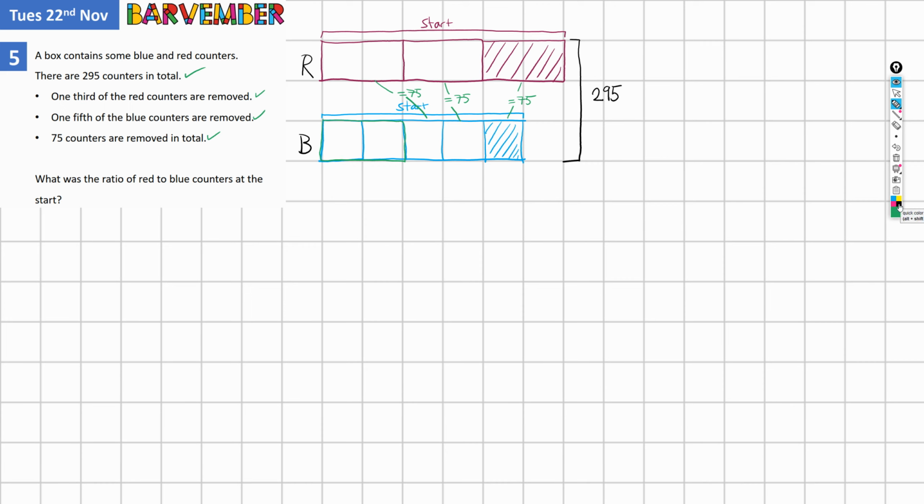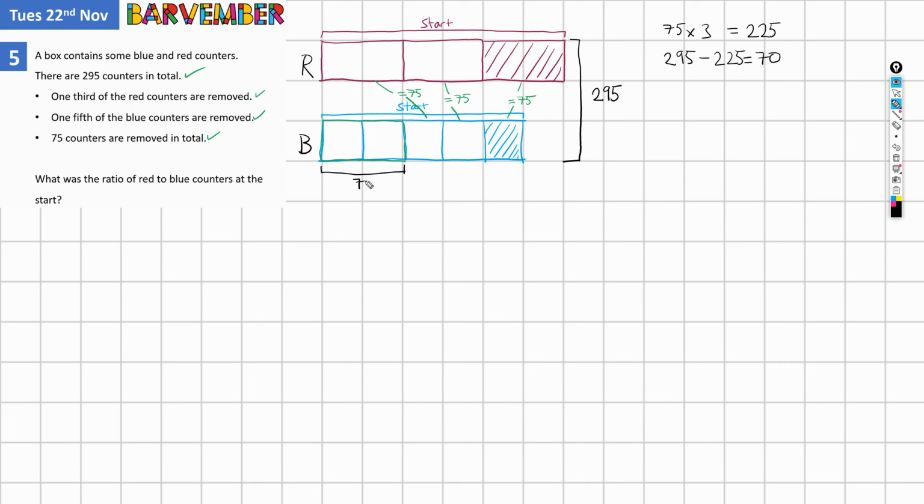So let's do that then. We've got 3 times 75, so 75 times 3 gives us 225. If we subtract that from this total, 295 minus 225 gives us 70.